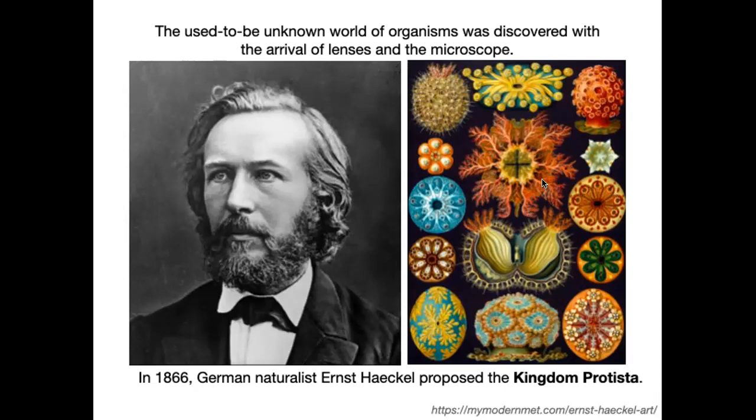This is actually a grouping with many possible groupings later on, the more that we know about these organisms. But right now, the consensus for a protist would be any single-celled eukaryotic organism that does not include bacteria and archaebacteria.